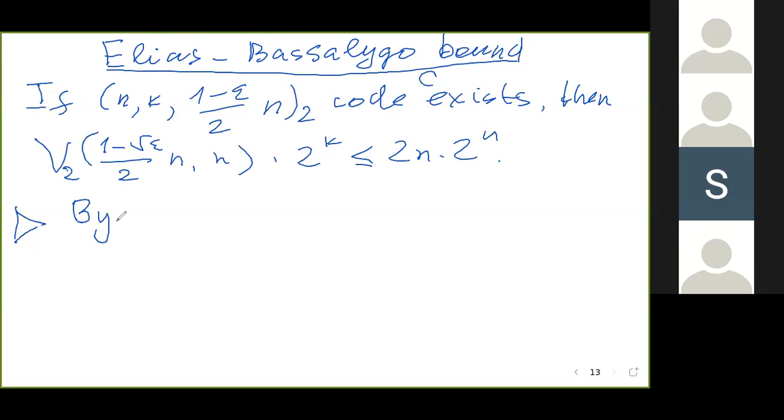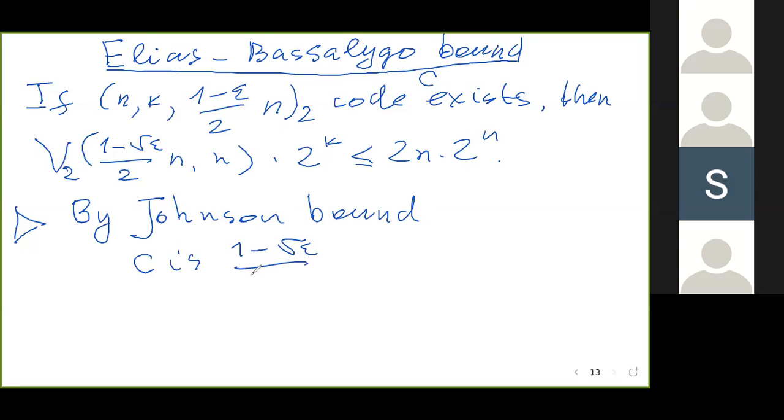By Johnson bound, C is list decodable from radius 1 minus square root of epsilon over 2 times n, with list size 2n. And for list decoding, we know that if something is list decodable, there is a necessary condition, which is an analog of the volume bound.